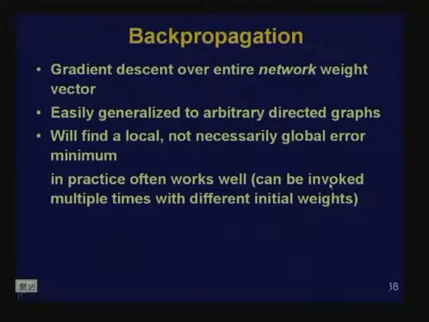So, in backpropagation, we do gradient descent over the entire network weight vector, and this can work not only for a neural network with one hidden layer, but for a neural network with any number of hidden layers.